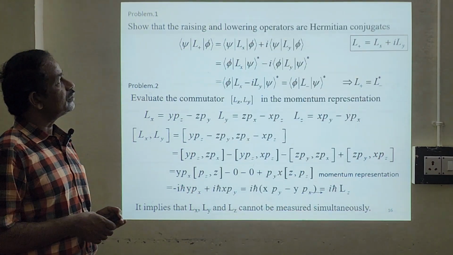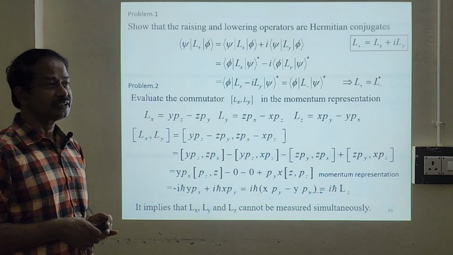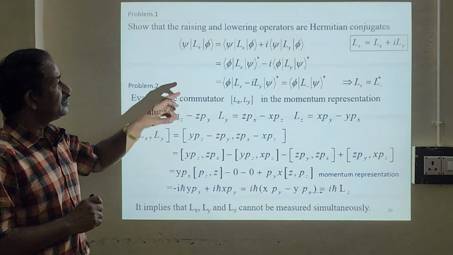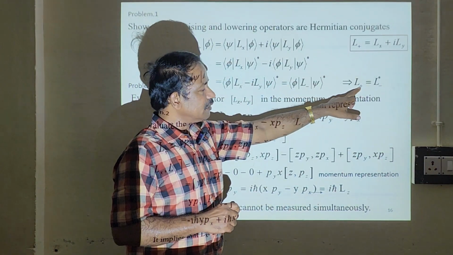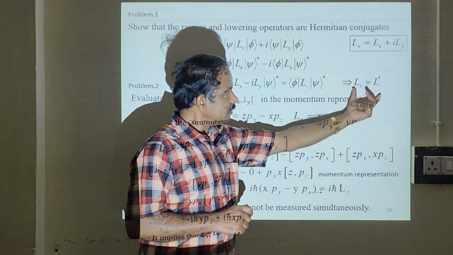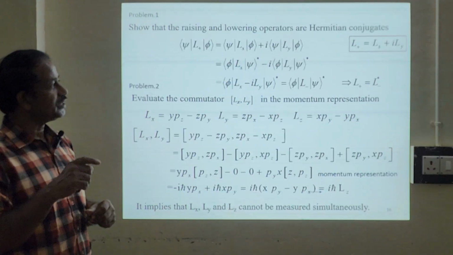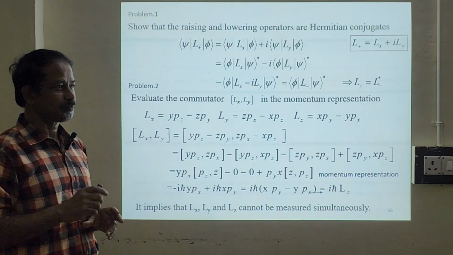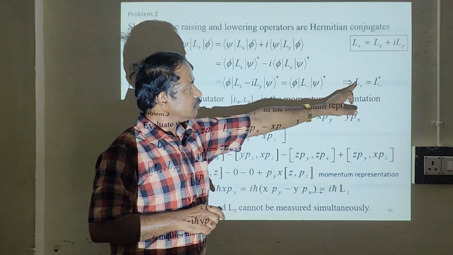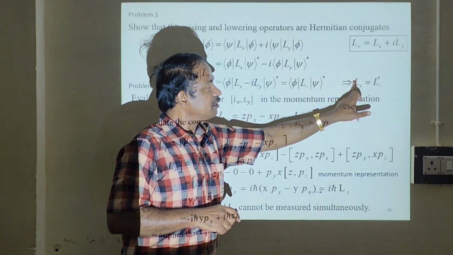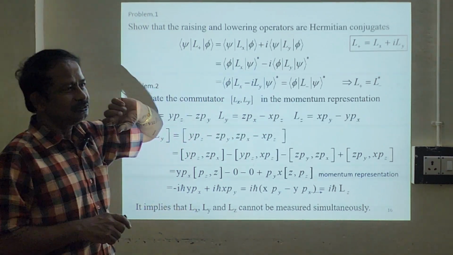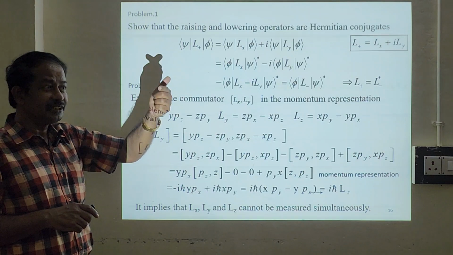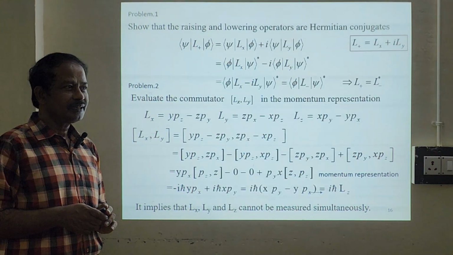Show that the raising and lowering operators are Hermitian conjugates. That is, you have a raising operator and this will be the lowering operator, its Hermitian conjugate. So (L plus) dagger equals L minus, and (L minus) dagger equals L plus. So the Hermitian conjugate of the raising operator will be the lowering operator, and the Hermitian conjugate of the lowering operator will be the raising operator.